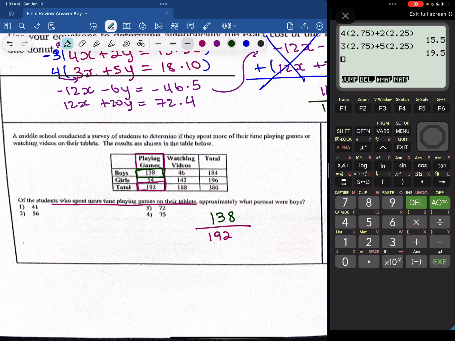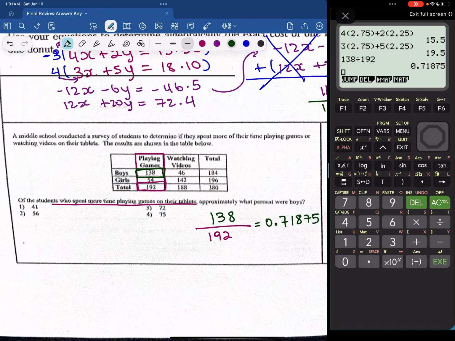Now we just need to calculate this. 138 divided by 192. You can do this on your calculator. 138 divided by 192 is equal to 0.71875, right? And we need to convert that to a percent.